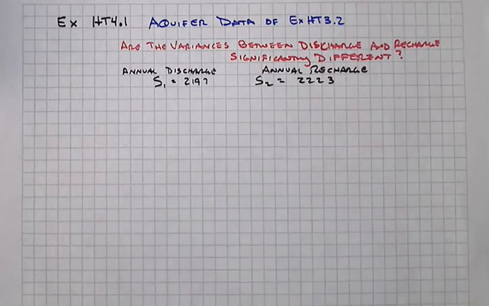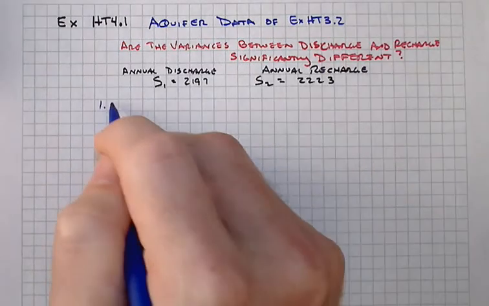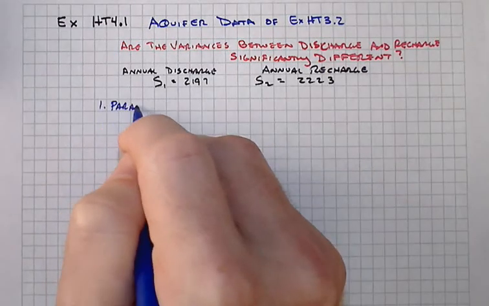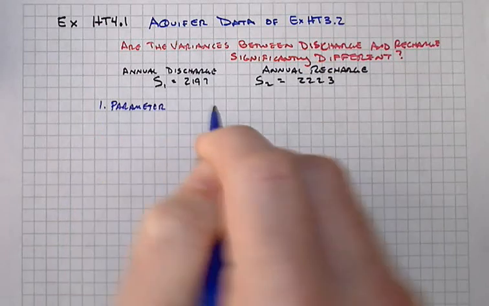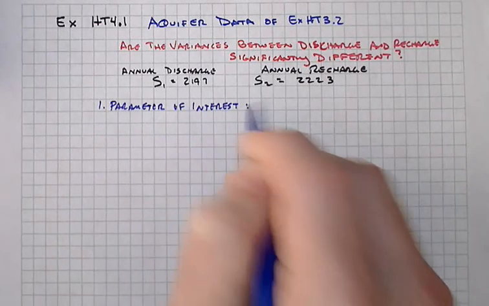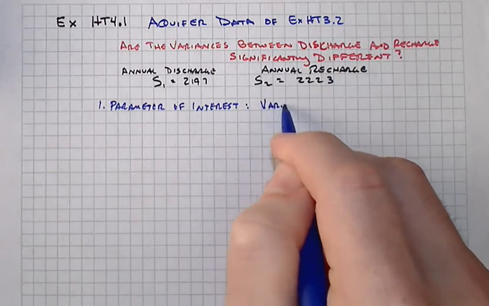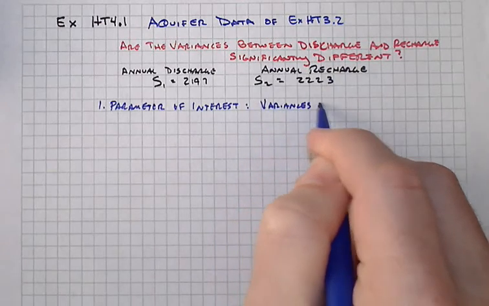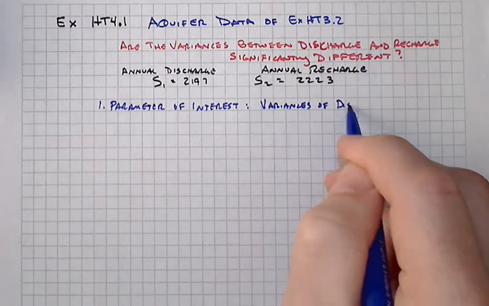Okay, so the parameters of interest are the variances of the discharge and recharge.